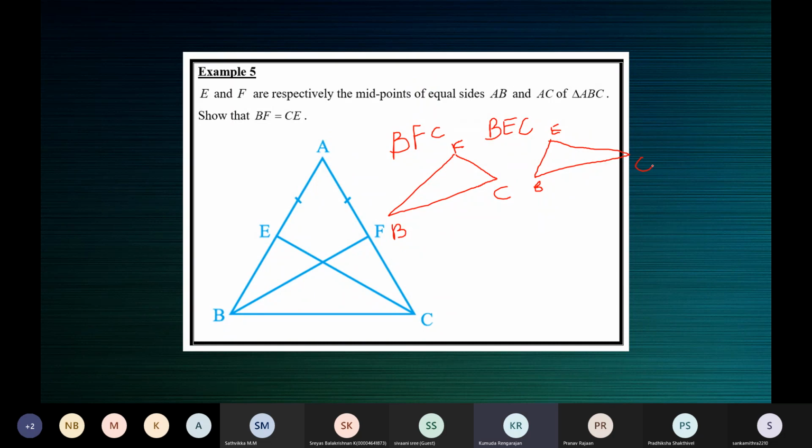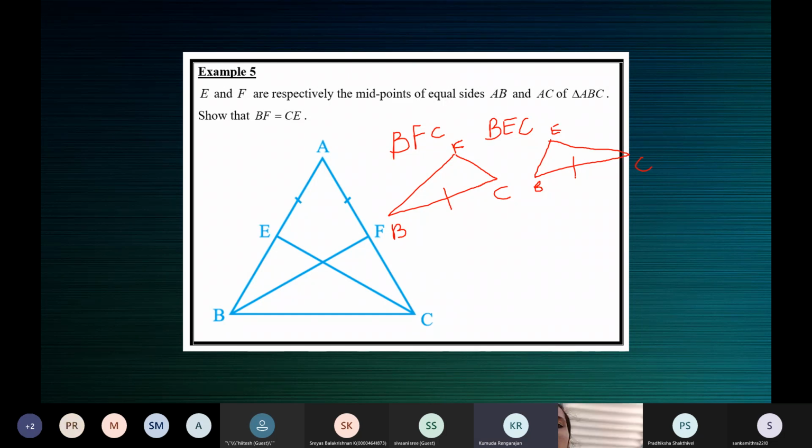Yeah, you can see the triangles BFC and BEC. Ma'am, BC equal to BC, ma'am. Yeah, BC. Both the triangles stand on the same base BC. So BC is equal to BC, common side.